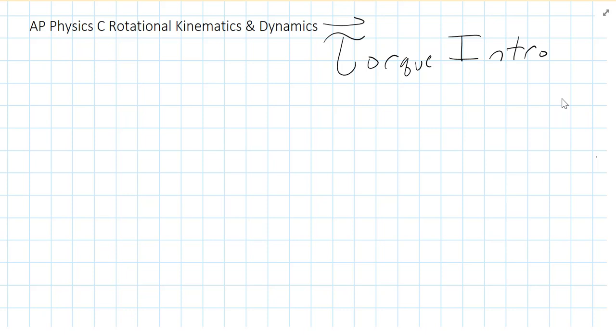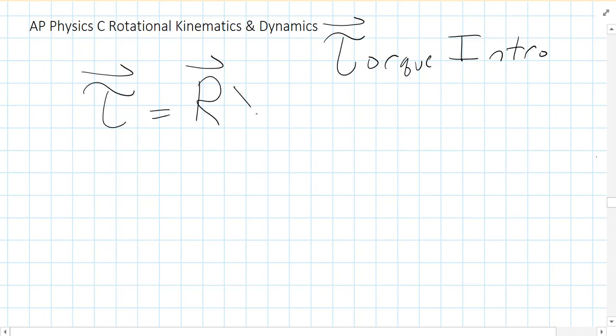And I will start right away with the equation for torque. Torque is r cross F. Now, cross product: that's how perpendicular two vectors are to each other.